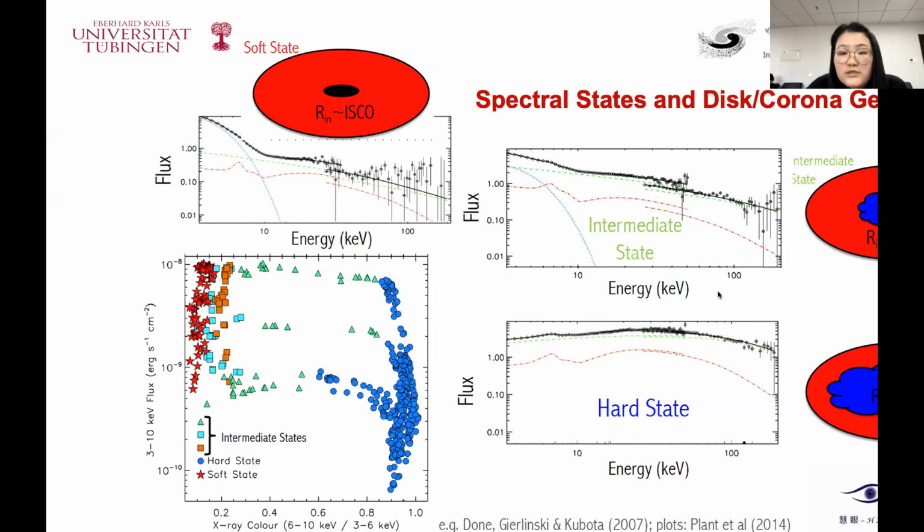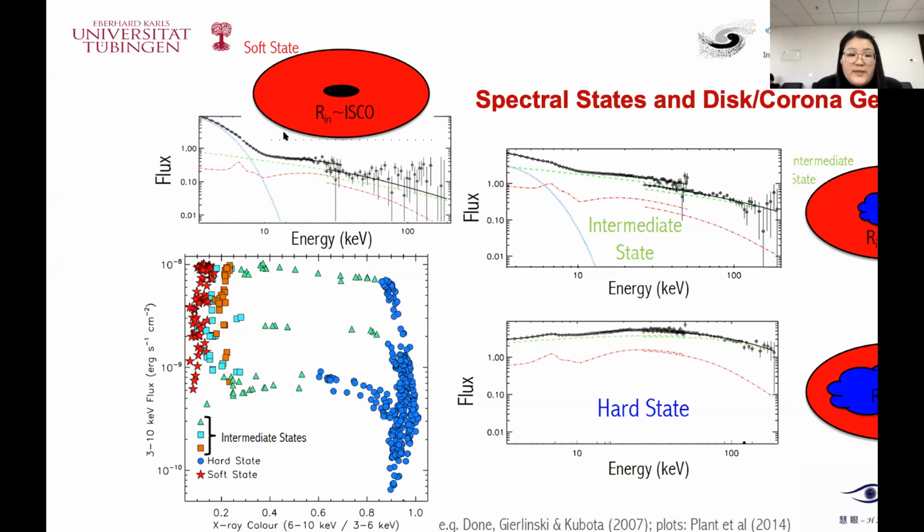And when it goes into the intermediate state, the flux from the disk emission increases, which changes the shape of the energy spectrum, and then the lower energy part will start to increase. The slope will increase, and when the source evolves to the soft state, at this point, the inner disk radius is believed to reach the ISCO.